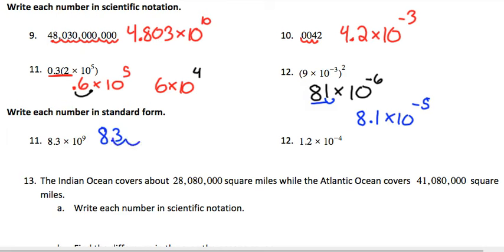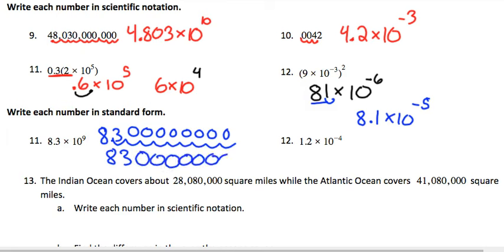So 1, 2, 3, 4, 5, 6, 7, 8, 9. Wherever I see holes, remember, you toss in some zeros. And now I'm just going to write it nicely. So 1, 2, 3, 4, 5, 6, 7, 8 zeros. And it helps to put those commas in.